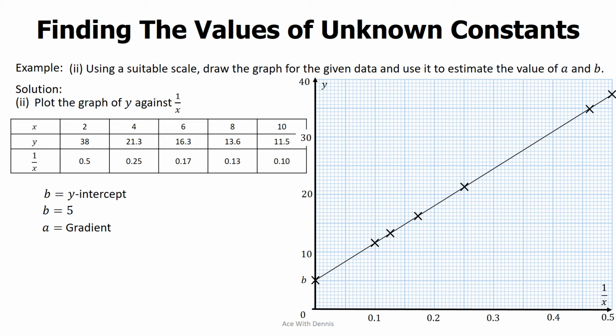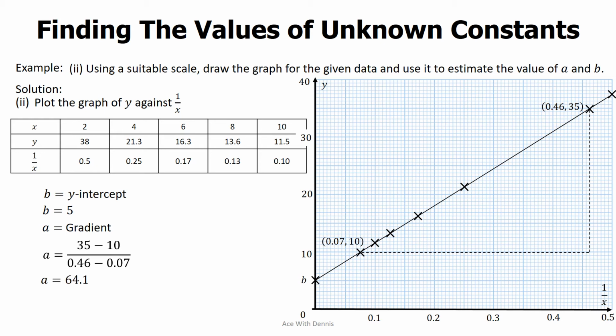So let's say I will choose this point. The coordinates is 0.46 and 35. Another point, the coordinates is 0.07, 10. I can draw a right angle triangle and get the gradient, which is A, equals 35 minus 10 over 0.46 minus 0.07. And the A is equal to 64.1.